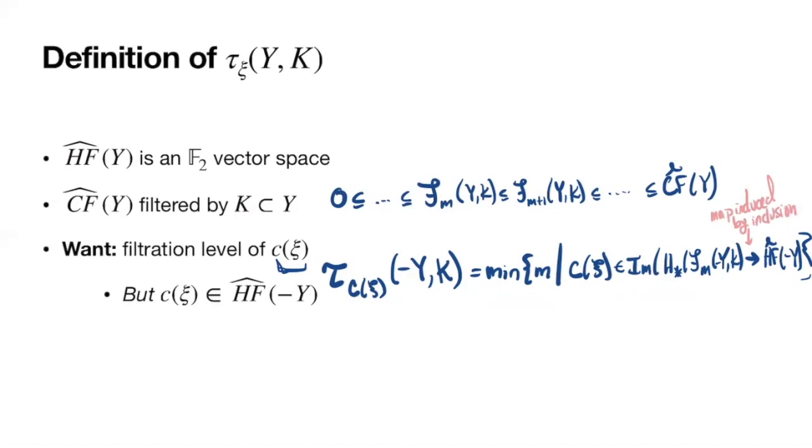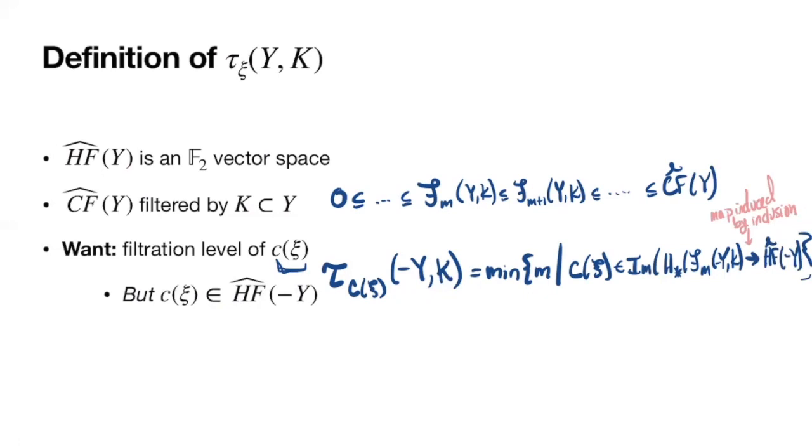So if I have K in minus Y, and I look at the filtration induced by K on HF hat of minus Y, I'm basically picking out the first filtration level for which I see this contact invariant showing up in that map. Okay, so that's a perfectly fine thing to define.